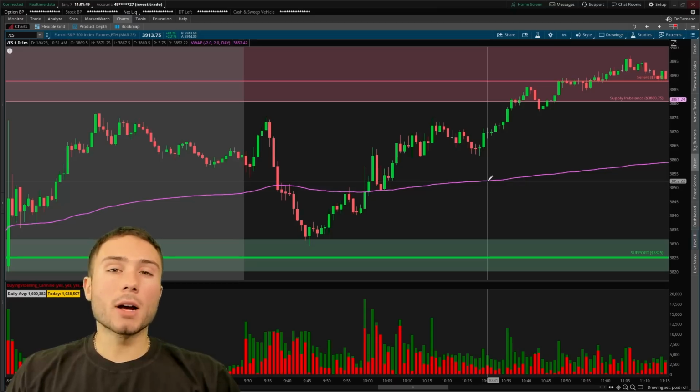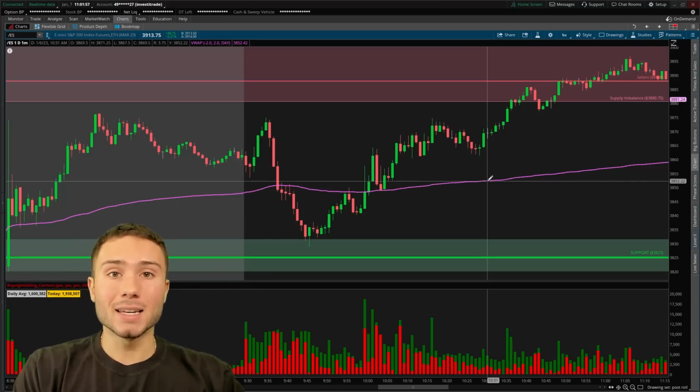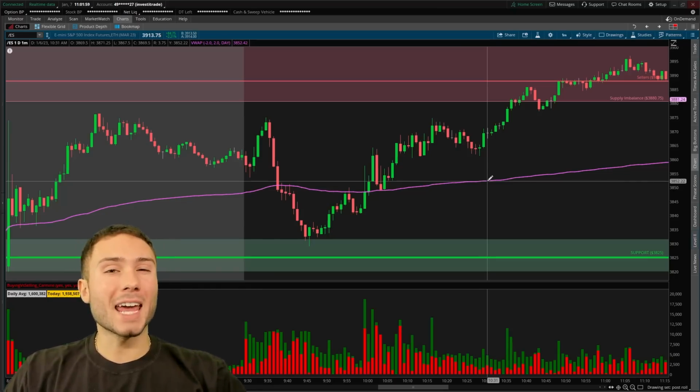So I want everybody to look at candlestick charts a little differently now because what candles show us is where price was in the past and where it currently is. It doesn't give us any really information other than that, and it doesn't give us so much information about the market auction.